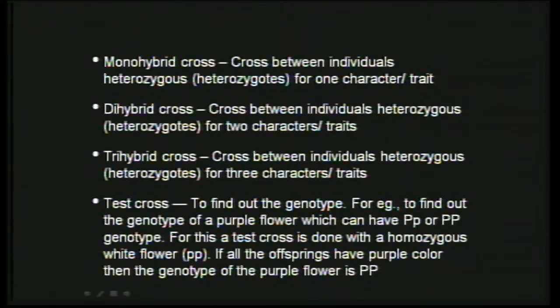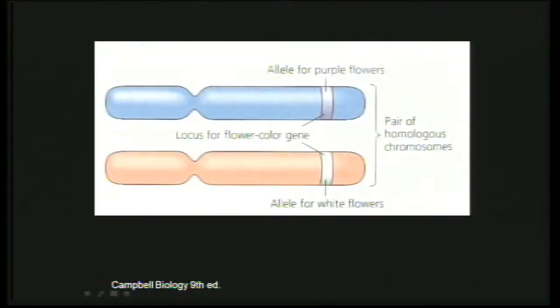Last time we also studied what these heterozygous individuals are. If I take you back to the previous slide, this slide is an example showing a homologous chromosome pair with heterozygous genes. The alleles are different.